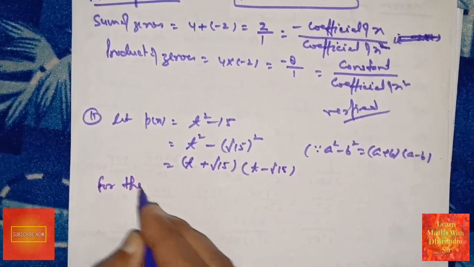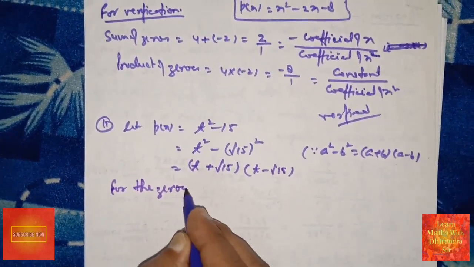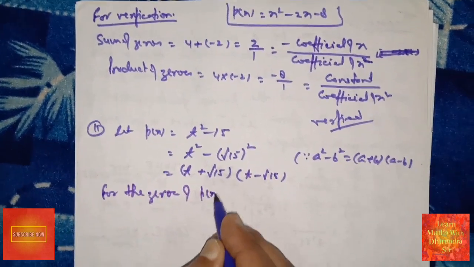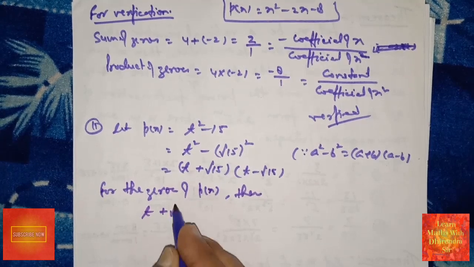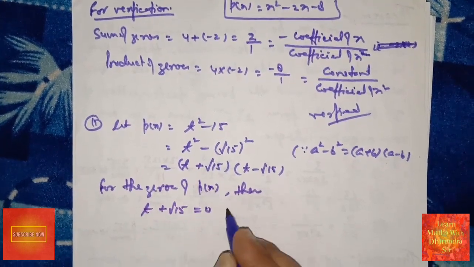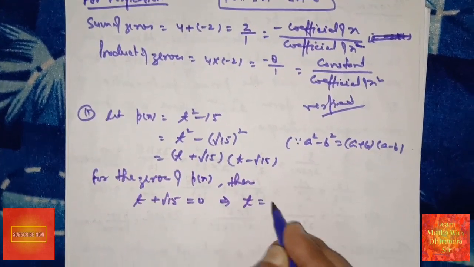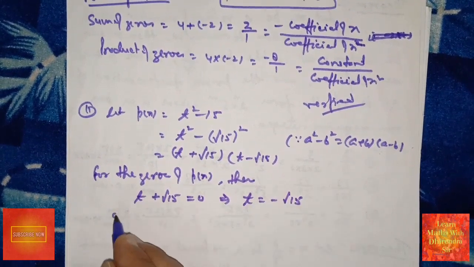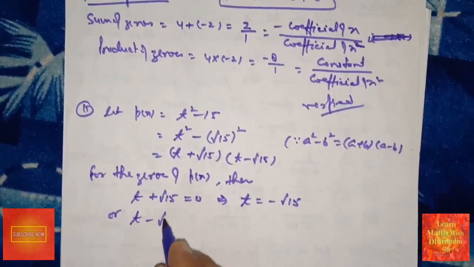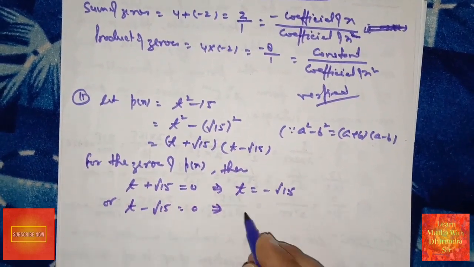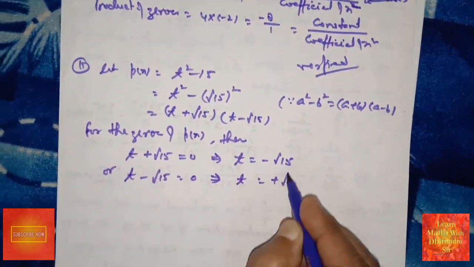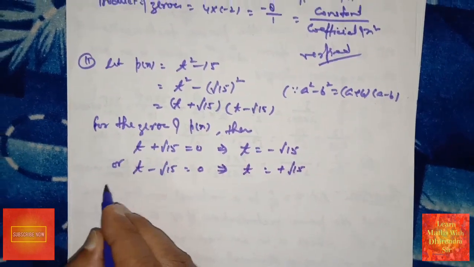For the zeros of p(x), then t plus root 15 equal to 0 implies t is equal to minus root 15, or t minus root 15 equal to 0 implies t is equal to plus root 15.